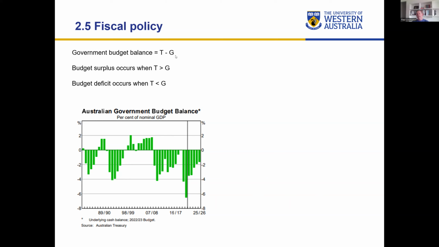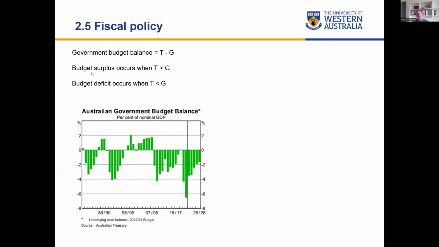And government spending, well, what does government spend money on? Public goods, such as highways, lighthouses, public recreation spaces. They spend money on defence, education, social security, health, all of those sorts of things.